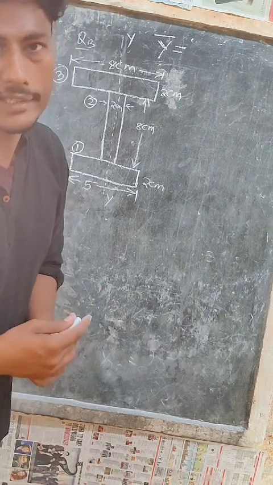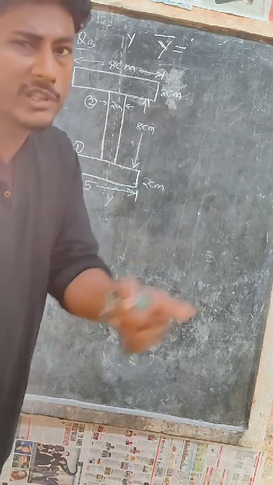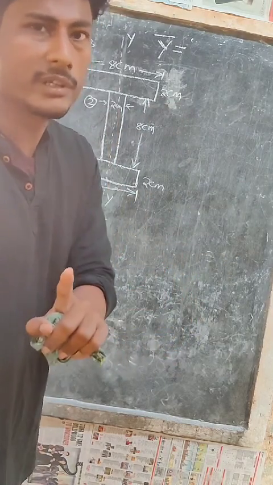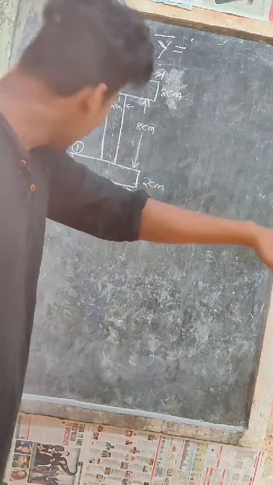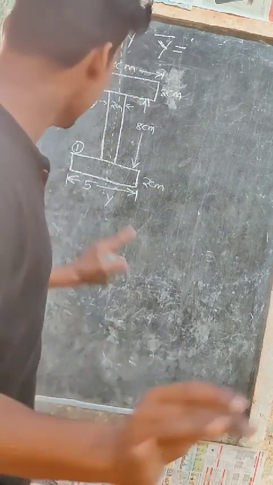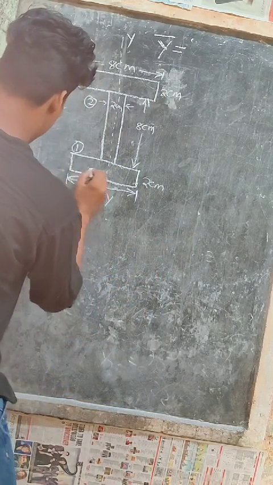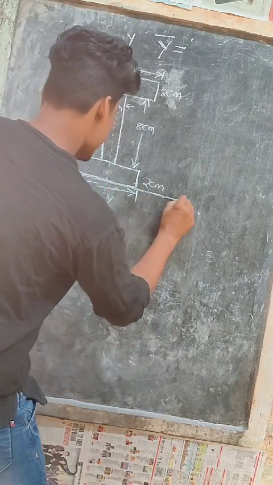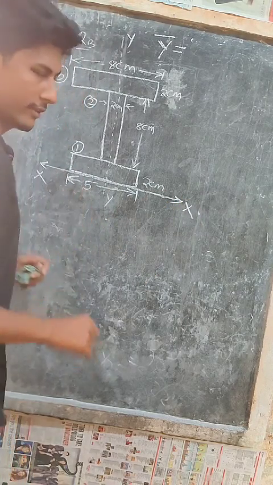As I told you in the previous class, the x-axis must be chosen on the topmost point or bottommost point. Because here it is symmetric about the y-axis, I can choose the x-axis on the bottommost position.